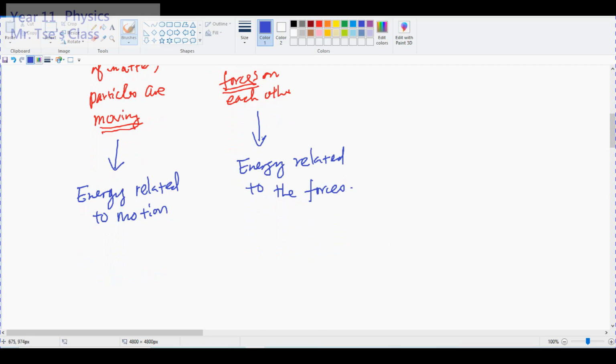The energy related to the motion is called kinetic energy. So each particle in a solid, liquid, or gas has kinetic energy. Although these kinetic energies can be different, they do have kinetic energy. And the energy related to the forces, or sometimes we use the word bonding, is called potential energy.